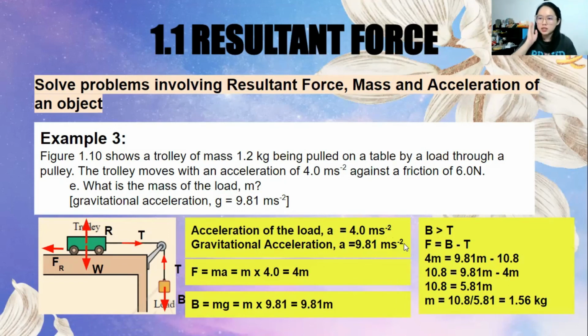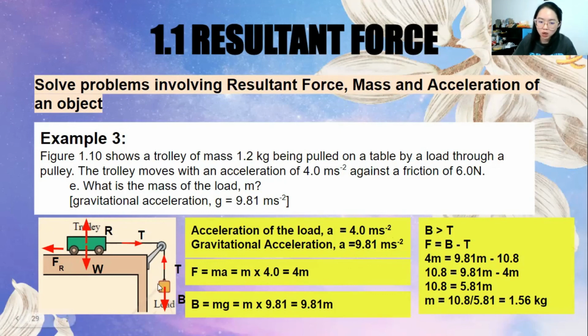Still, when you answer this kind of question, you have to take into consideration the resultant force. To find the resultant force, I need F equals MA. But I'm asked to find the mass, so I'm going to find the value of M. M multiplied by 4 is 4M.